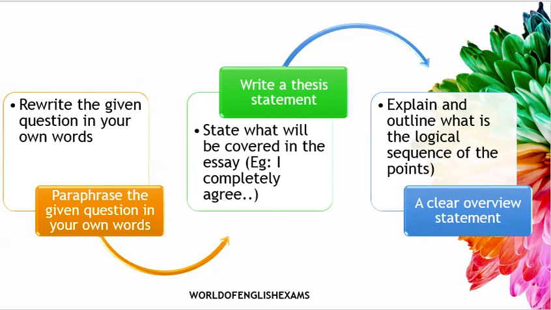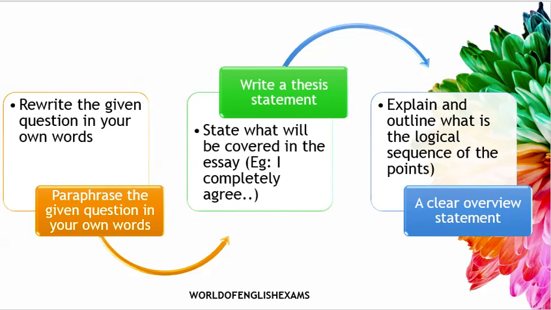So now, how should a thesis statement begin? The thesis statement should begin with a phrase like I completely agree or I totally disagree or something along those lines for this essay. For the various other essays, I would be telling you how to write a good thesis statement, but as far as the do you agree or disagree essay type is concerned, here is how you write it.